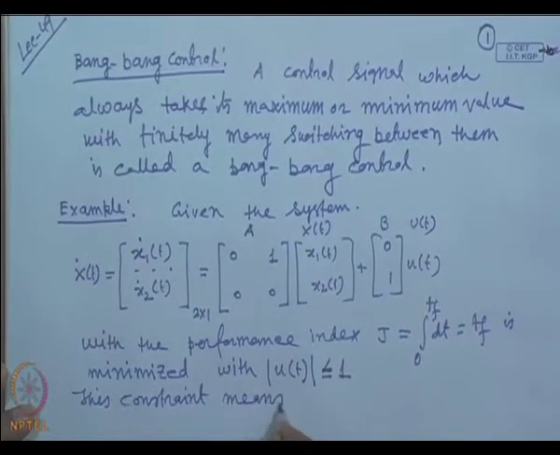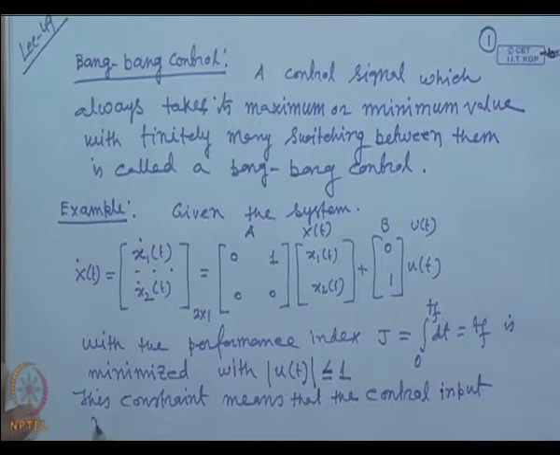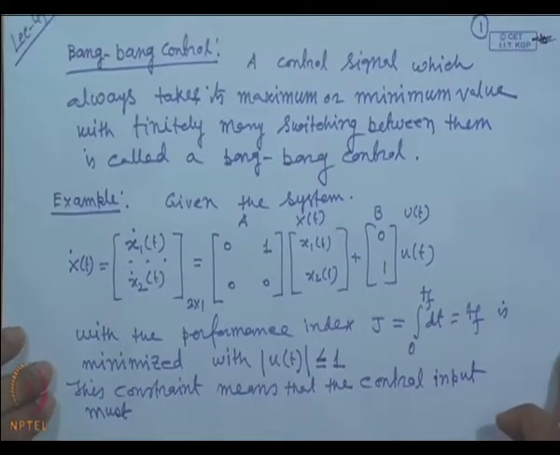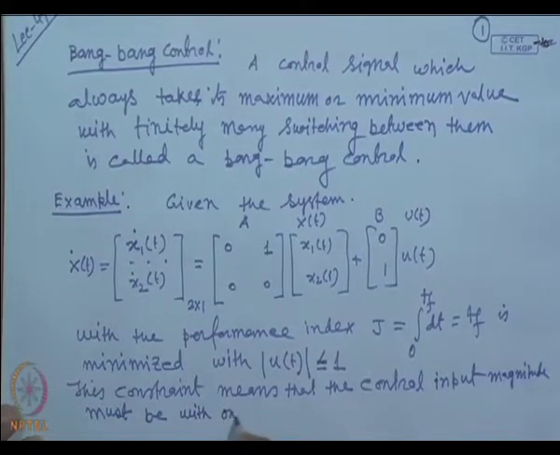This constraint means that the control input magnitude must be within 1, or not greater than 1.